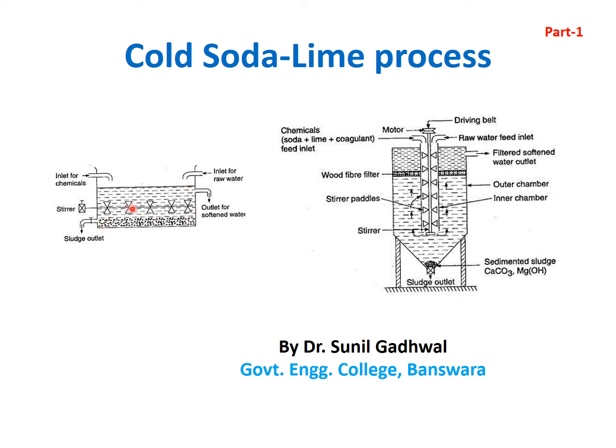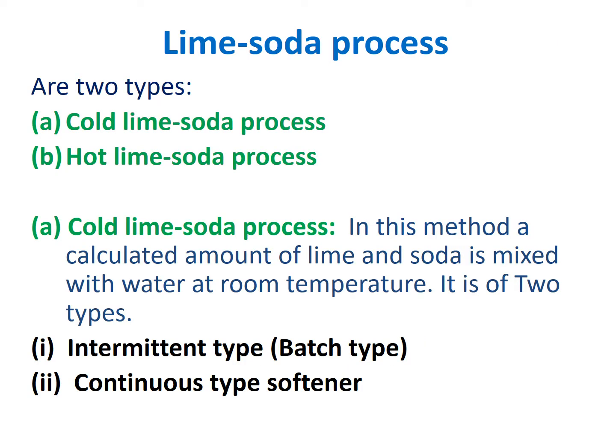Now, by using this mechanical stirrer at room temperature, we have to stir the hard water which was introduced in this instrument from this inlet, mixed with the help of this mechanical stirrer. So we will discuss in detail, hoping that you will enjoy the class.